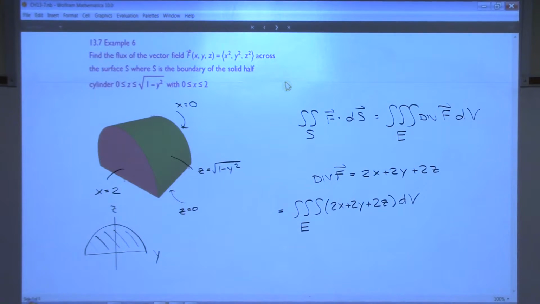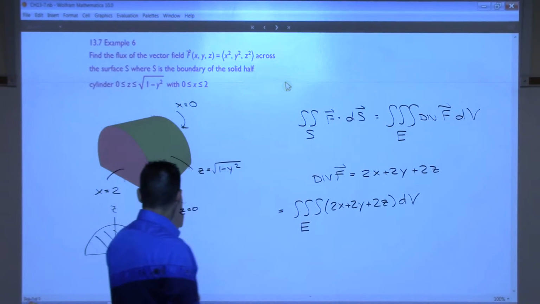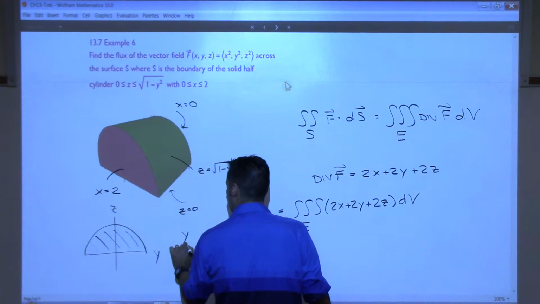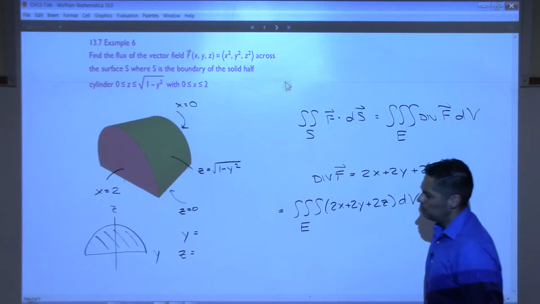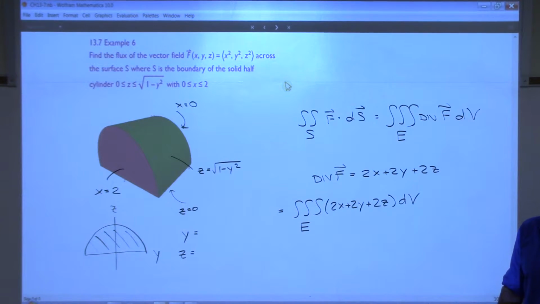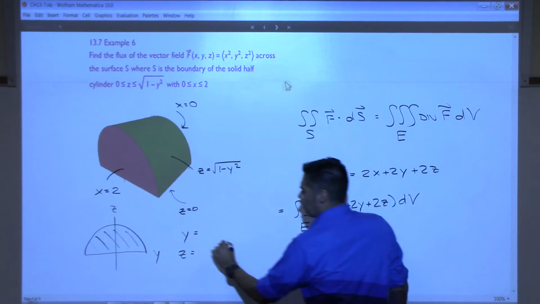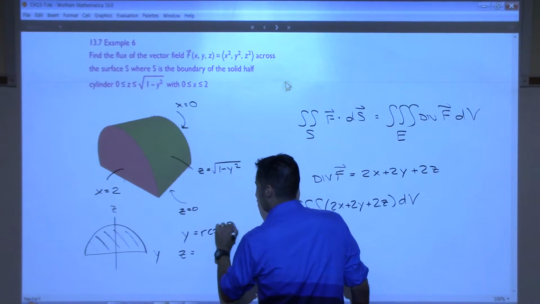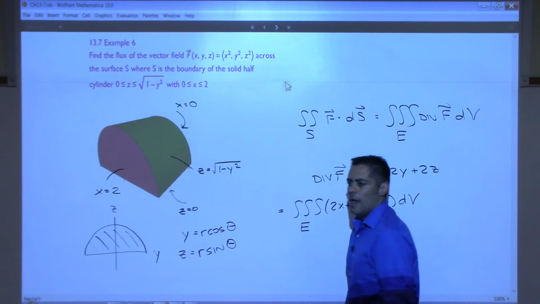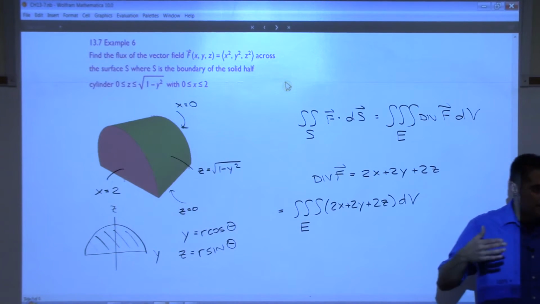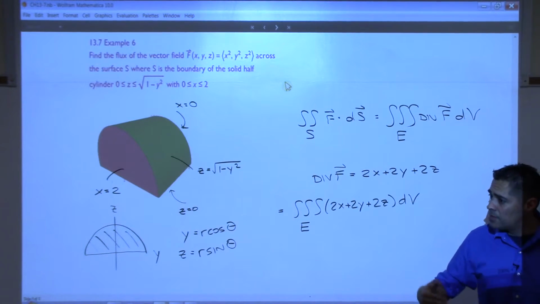So I'm going to go ahead and make my conversions now. I'm going to let y be equal to something and z be equal to something. What am I going to let them equal? Y is going to be r cosine theta, and z is r sine theta, right? And then we have the Pythagorean identity, you know, y squared plus z squared is r squared.